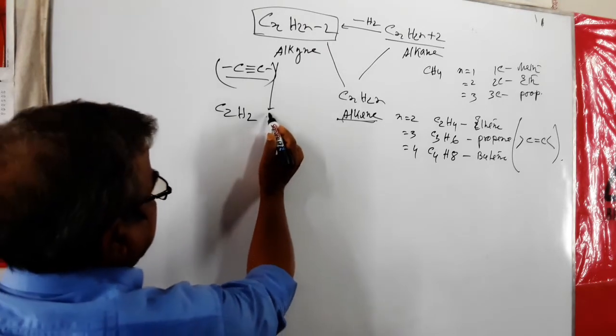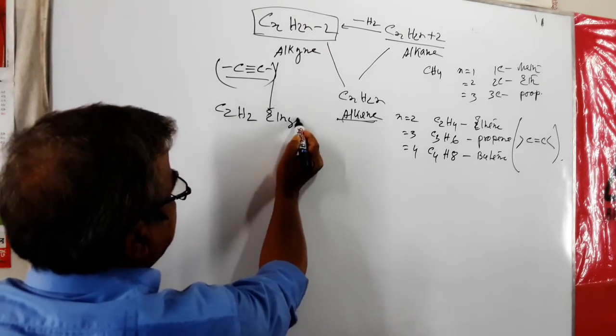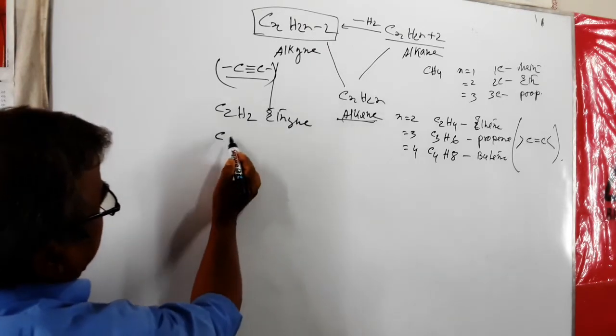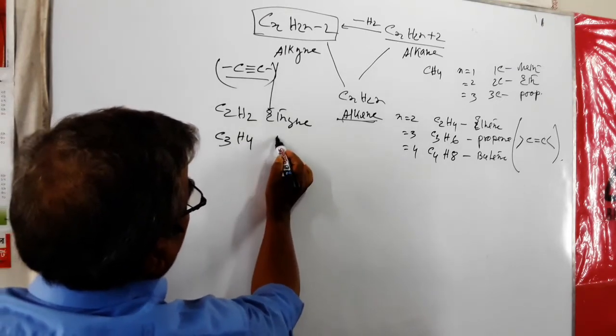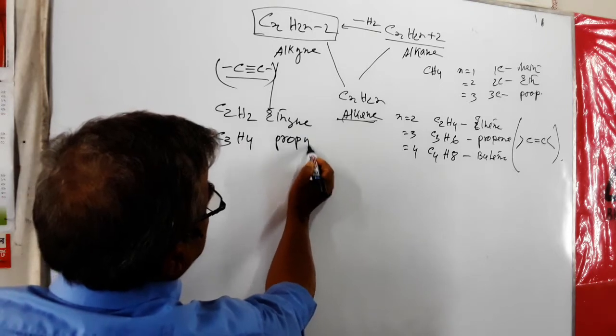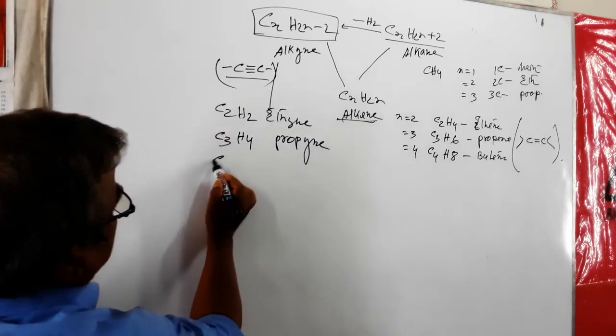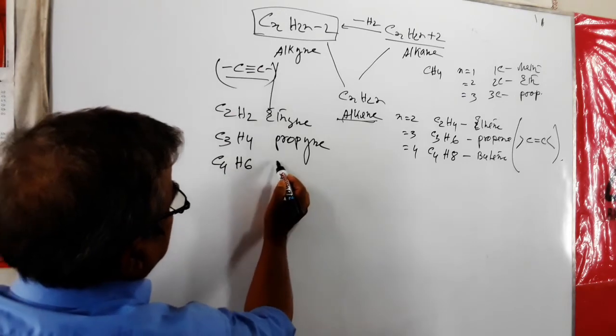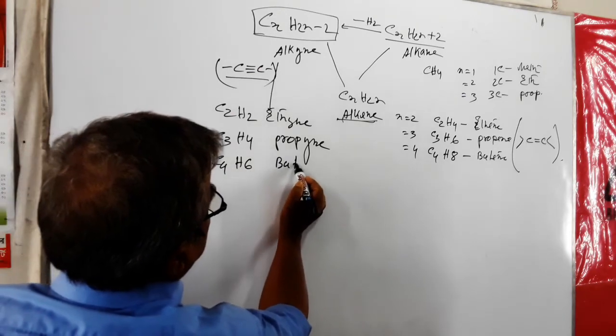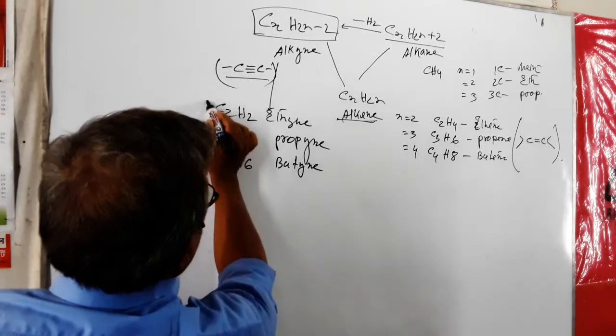That is ethyne C2H2, propyne C3H4, butyne C4H6, and so on.